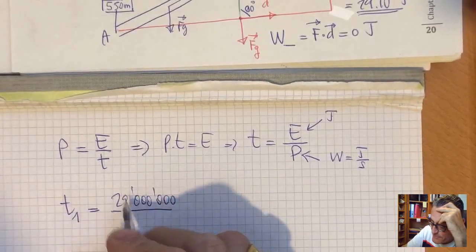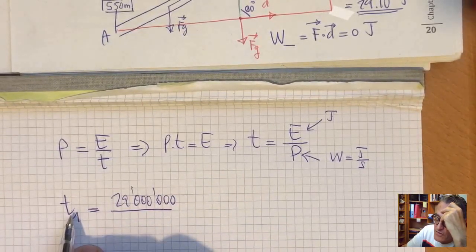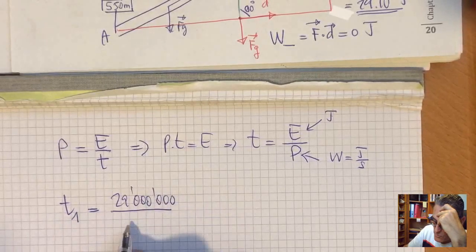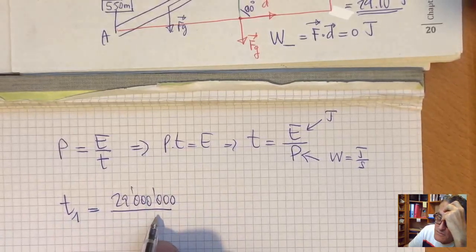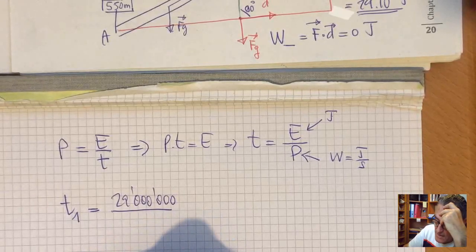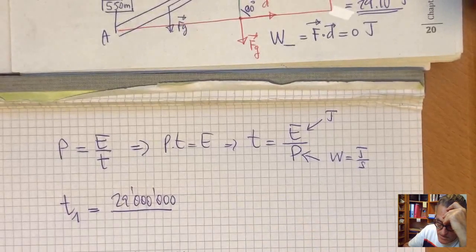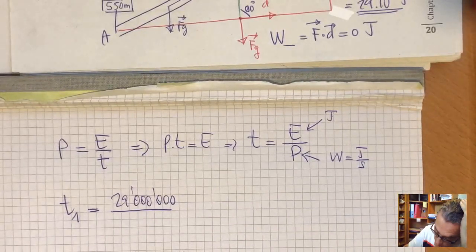And the first car has a power of how much? Be careful now. What is the power of the first car? To convert it to kilowatts, yes exactly. 250 HP is 250 times 0.746 kilowatt.